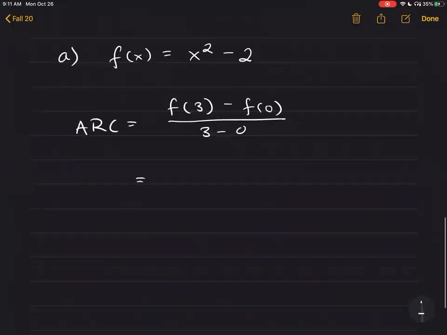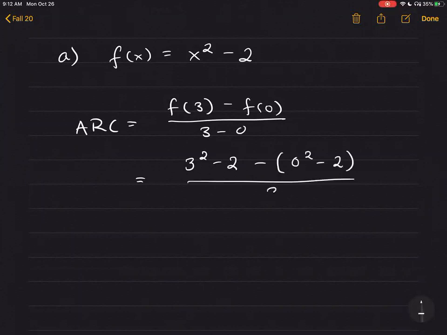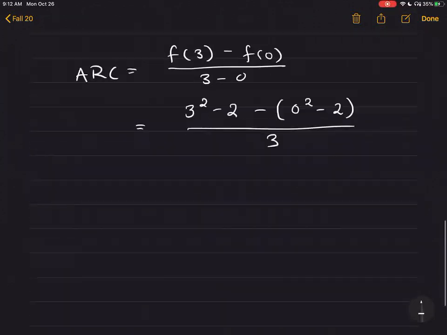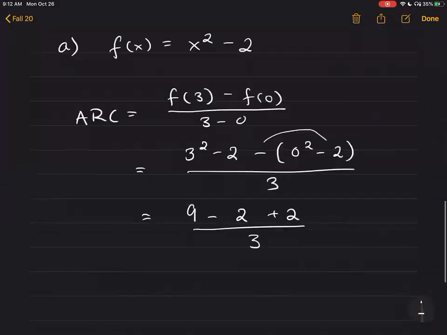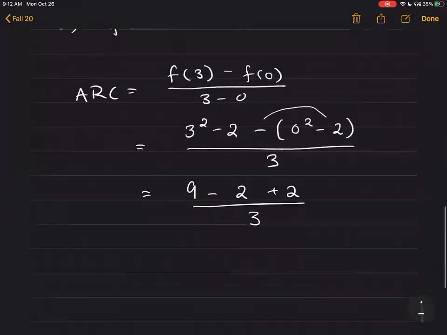And if we plug in 3, we get 3 squared minus 2 minus 0 squared minus 2, over 3 minus 0, which simplifies to 3. And we have 9 minus 2, and then this minus distributes into here, so we get plus 2, over 3. Is that right? Yes. And then we have 9 over 3 is 3. Okay.